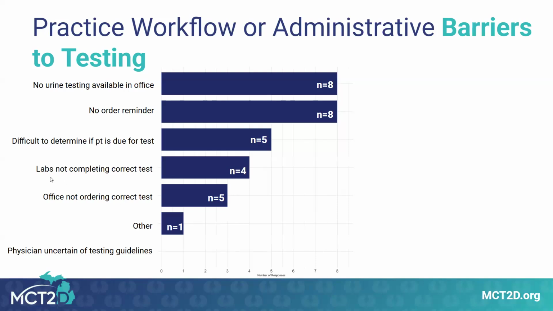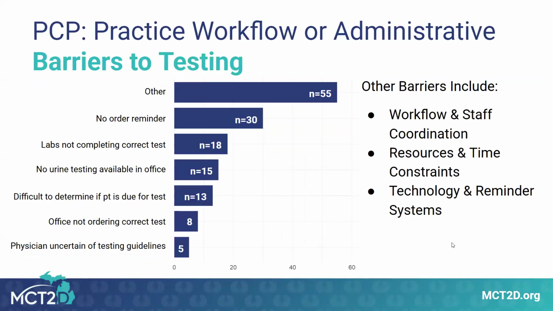We have seen some variability in terms of what labs report, so that's one of the issues. But nobody had any concerns about uncertainty around the testing guidelines. In comparison, in the PCP offices, there were some other things, like no order reminders and not completing the right tests. So slightly different, with a small minority citing uncertain testing guidelines.